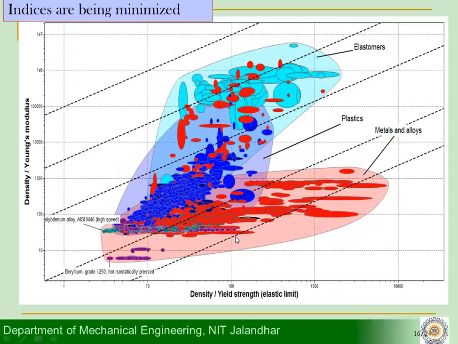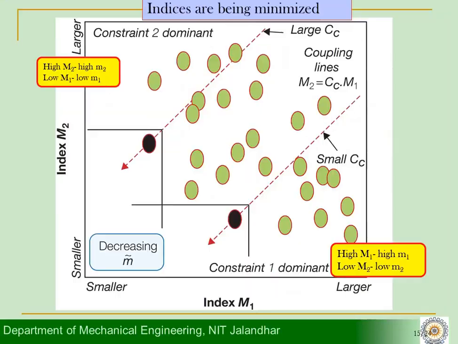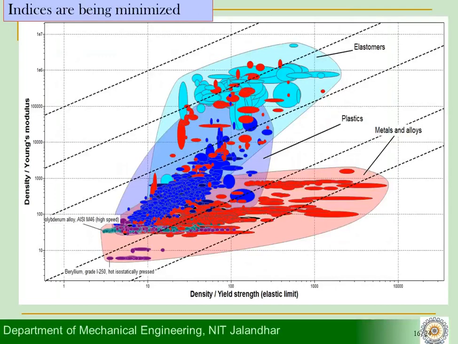Okay. Let's look at the same solution now through actual materials. What we saw in our previous slides was hypothetical solutions, where you have some materials and each bubble represents one solution. Now we see how it actually looks. If you look at this chart plotted using EduPack, I have plotted the indices.